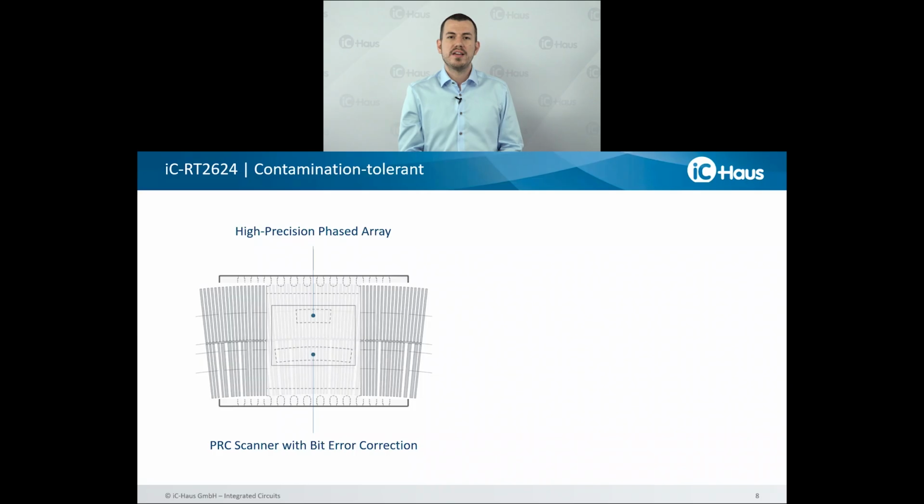So up to 5 bits within the field of view of the sensor can be corrected in real time if you do have a bit flip. Imagine you do have a sudden contamination. If you do have a small defect of the code disk that would flip a 1 to a 0 or vice versa, this chip can compensate it in real time.